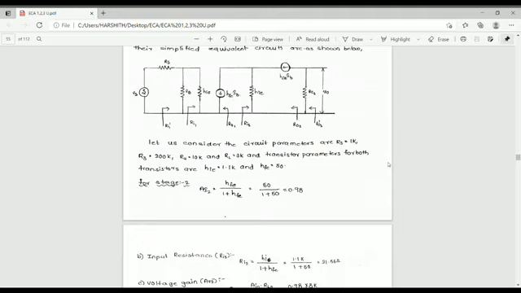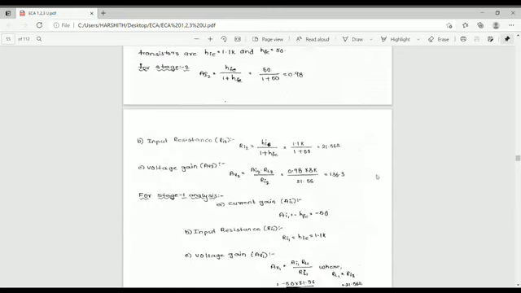The first stage is the CE amplifier, and the second stage is the CB amplifier. In the CE amplifier, the current gain AI1 equals minus HFE, which becomes minus 50.